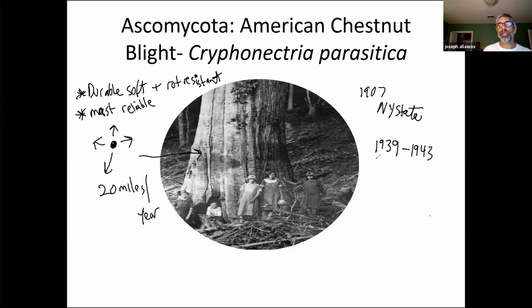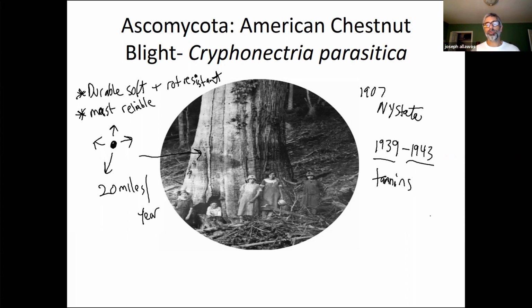Now, here's a really sad thing. In anticipation of knowing that this blight was coming, many of the people in this area prematurely stripped the bark from these giant chestnuts. They were after the tannins, which were used back then to tan leather. And the tannins were valuable, and they thought, well, the tree's going to die anyway.